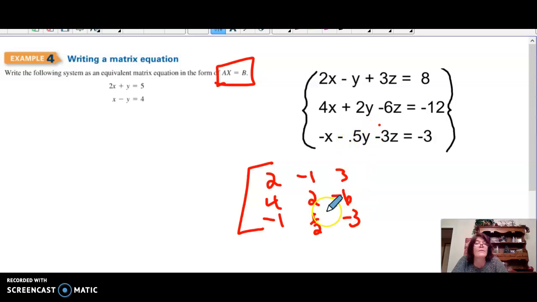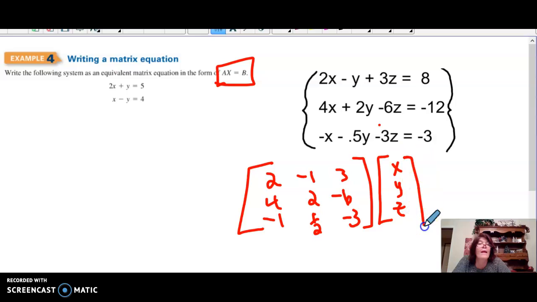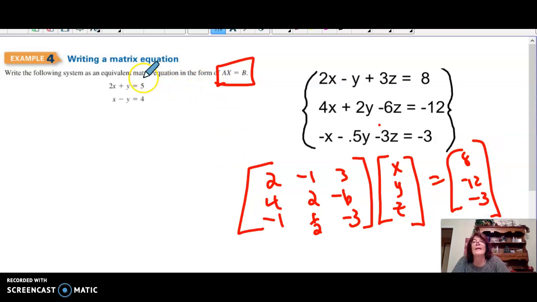That's 0.5, so I just wrote a half. And then times my variables x, y, and z, equals 8, negative 12, negative 3. That's how I write a matrix equation from a system.